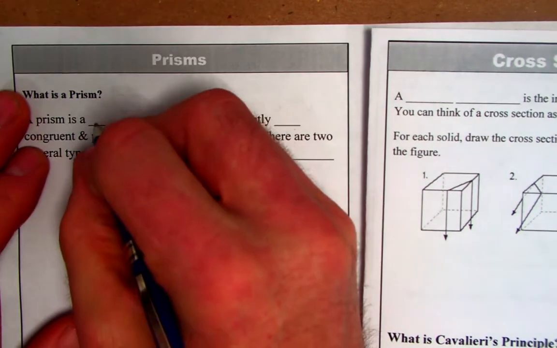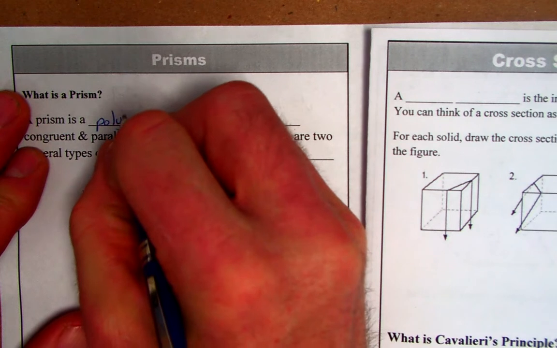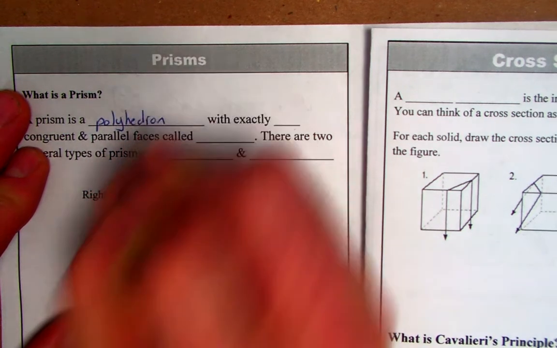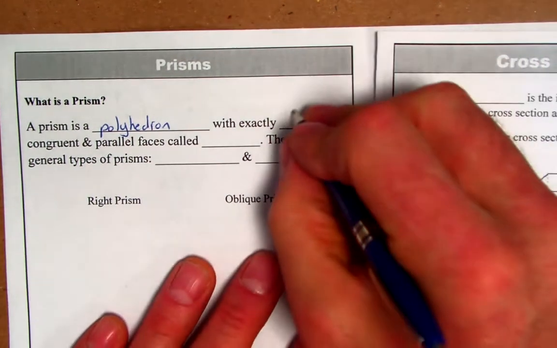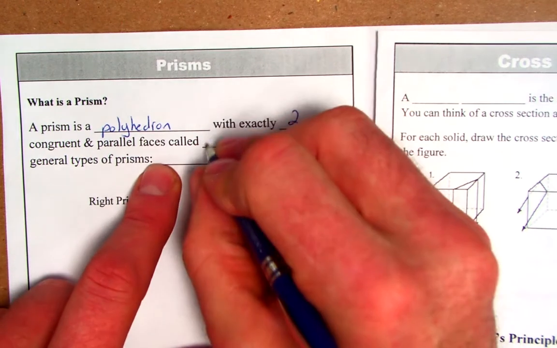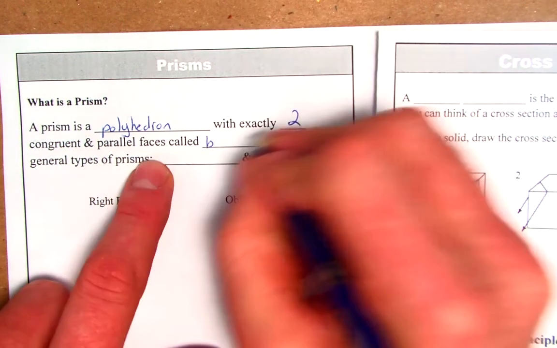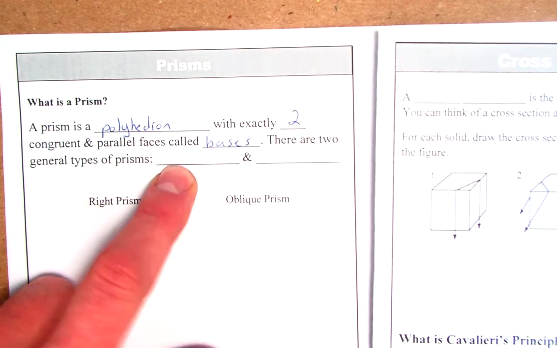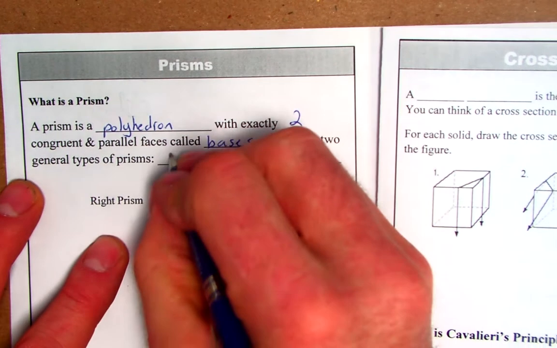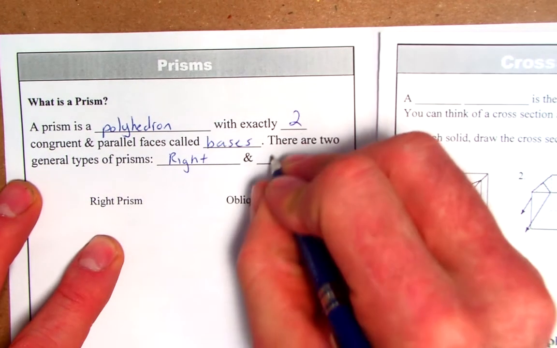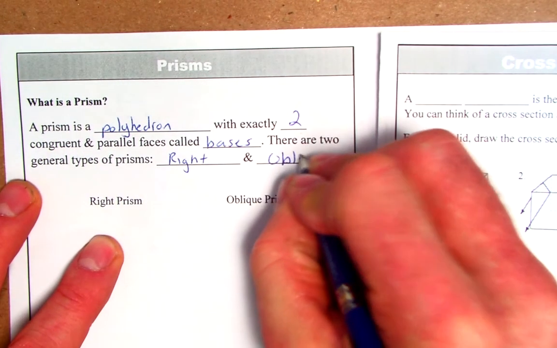Well, a prism is just a polyhedron. That means it's essentially a three-dimensional polygon that's got two congruent and parallel faces, and those two congruent parallel faces we call the bases, the top and the bottom. And there are two general types of prisms, right and oblique.